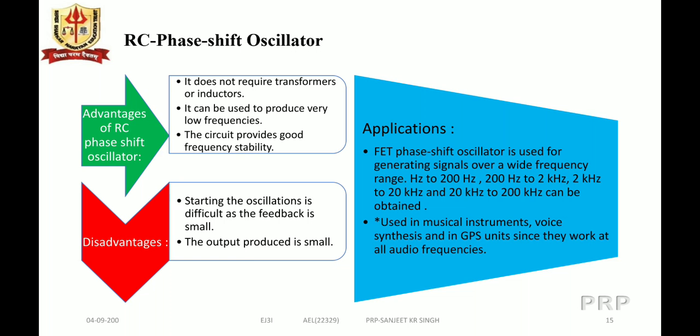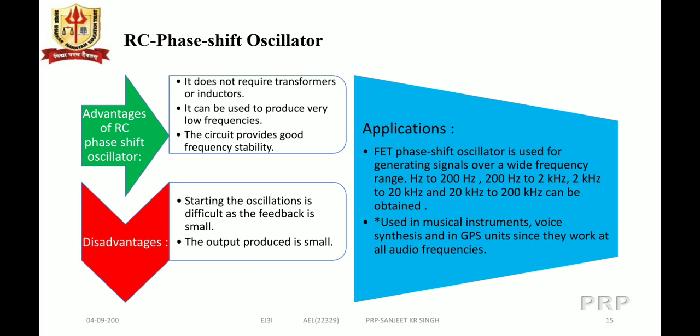Applications: the FET phase shift oscillator is used for generating signals over a wide frequency range, that is a few hertz to 200 hertz, or it could be designed for 200 hertz to 2 kilohertz, or 2 kilohertz to 20 kilohertz, and 20 kilohertz to 200 kilohertz can also be obtained using the RC phase shift oscillator.